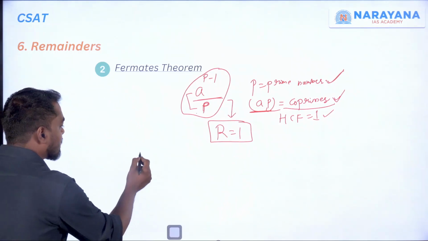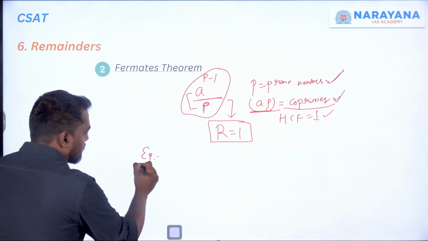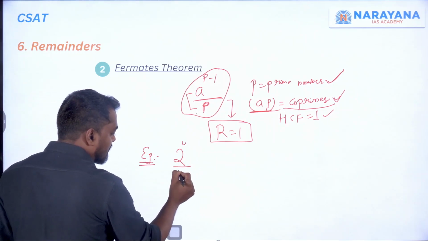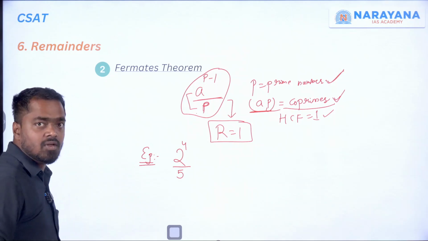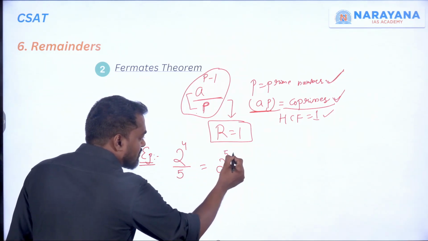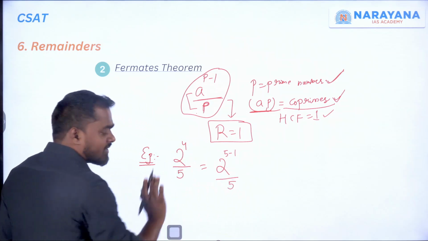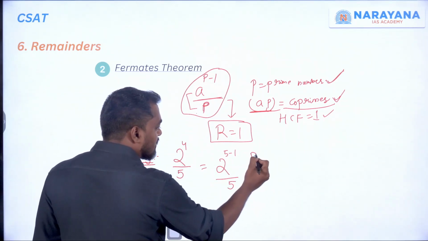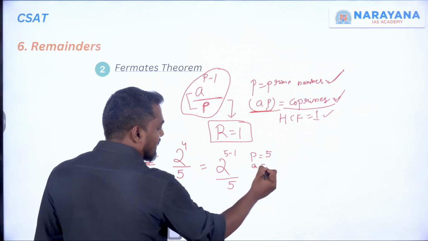For example, if there is an expression 2 to the power 4 divided by 5. This is nothing but 2 to the power 5 minus 1 by 5, right? Check all the conditions. p is a prime number. What is p? 5. What is a? 2.